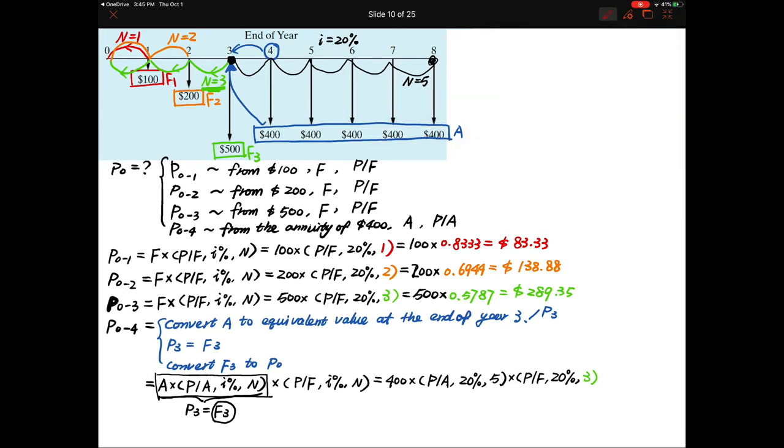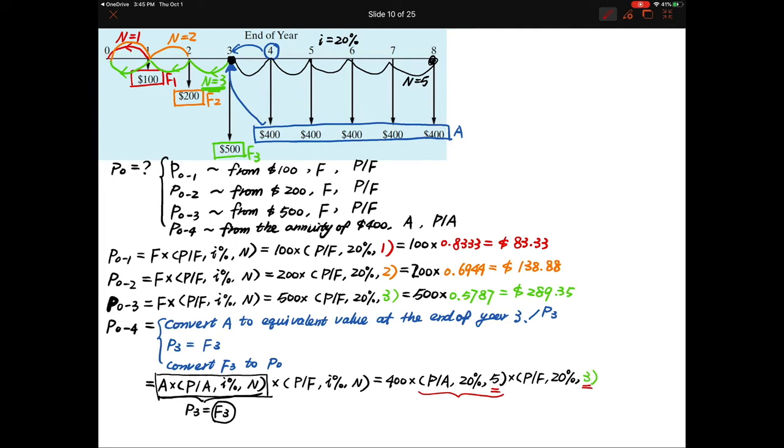Here you want to be careful about why we have n is 5 in the first factor for the annuity problem, and why we have 3 here for converting a value from year 3 to year 0. This is all about the definition and how you use the annuity equation.